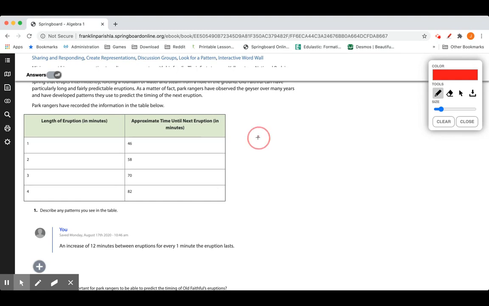So let's say once it gets to 5, another 12 minutes would make that 94. That's 1 hour and 34 minutes. 6, another 12 minutes would make that 106. 7, another 12 minutes would be 118.